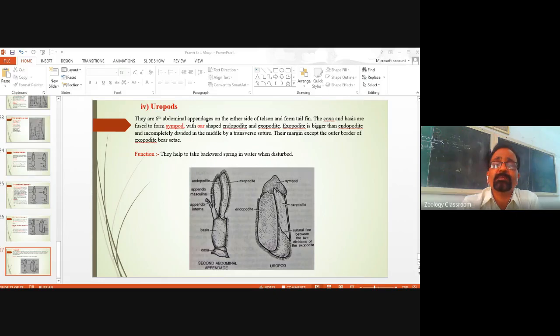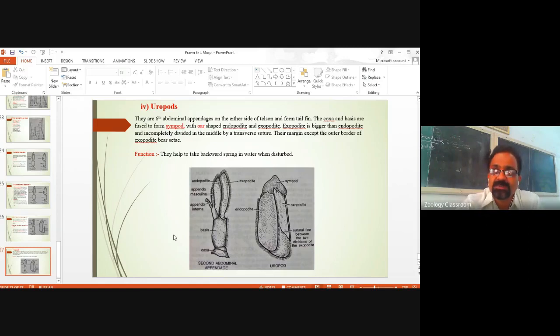As we are talking about the uropod or the abdominal appendages, they play a role in swimming. But whenever the animal is at the bottom of the pond or river, it walks with the walking legs, isn't it?